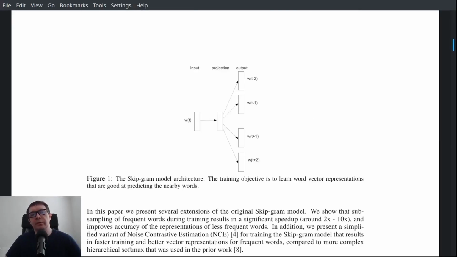Down here in Figure 1, they give us an example of their model architecture, and what's kind of neat is that the Skipgram model architecture is really a neural network at its core. The difference between a traditional neural network and the Skipgram model is that there is no activation of this projection layer. This projection layer is just a single matrix where you have number of rows corresponding to the number of words in your vocabulary and number of columns corresponding to the number of elements of your abstract word vector.